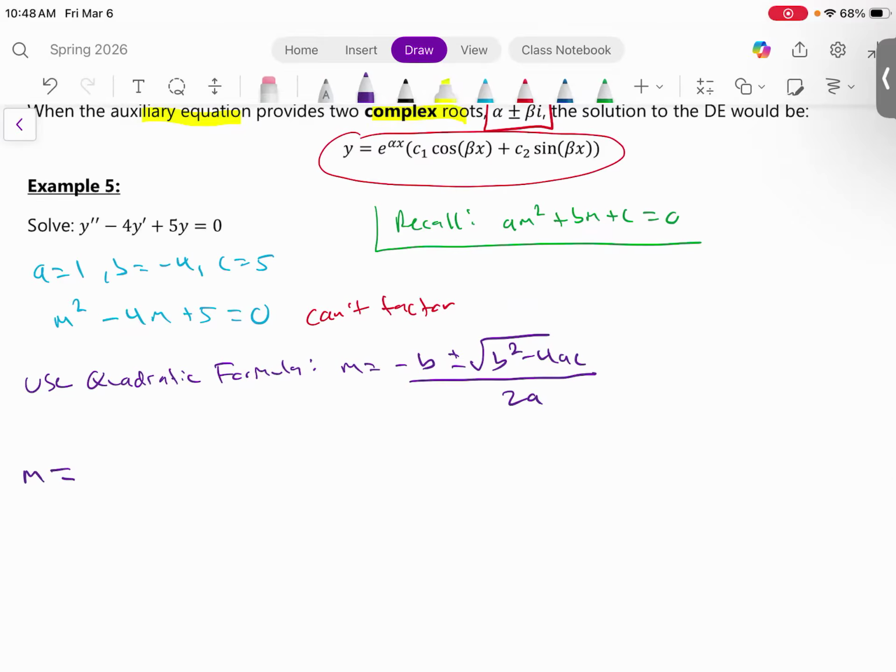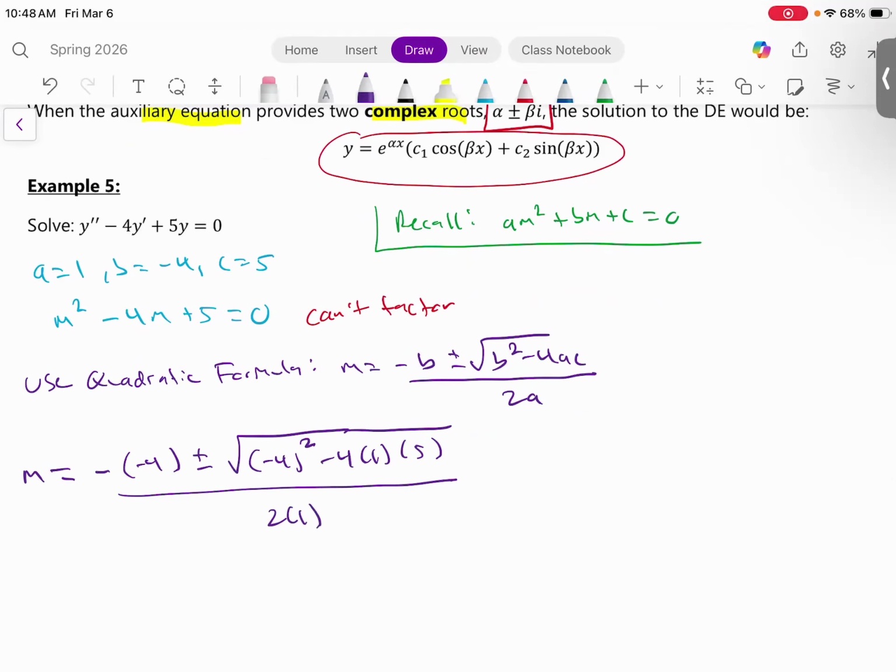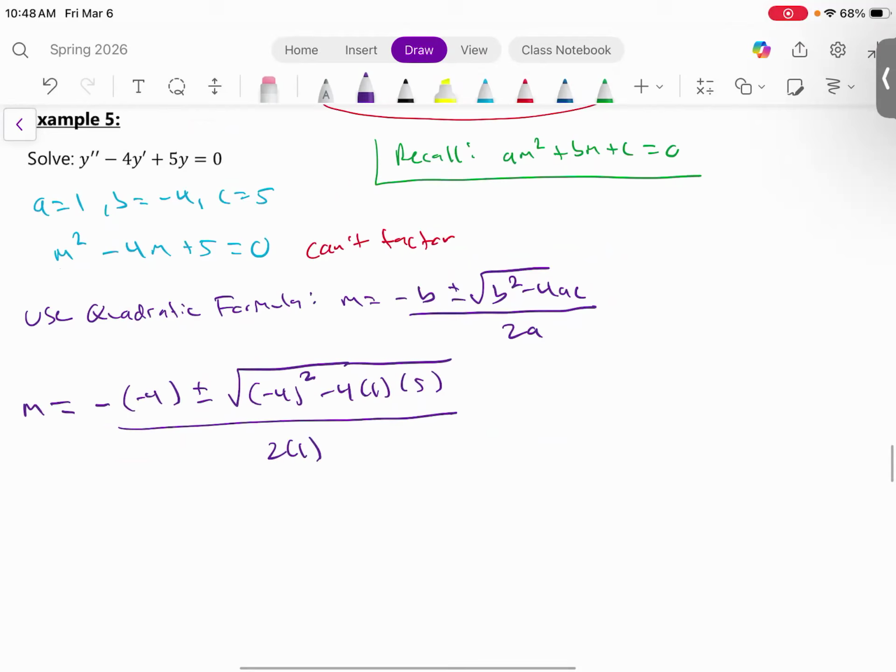So let's figure out what our roots could be. m equals -(-4) plus or minus the square root of (-4) squared minus 4 times 1 times 5, all over 2 times 1. If we clean this up a bit, this is 4 plus or minus the square root of, it looks like it would just be -4 inside, all over 2.